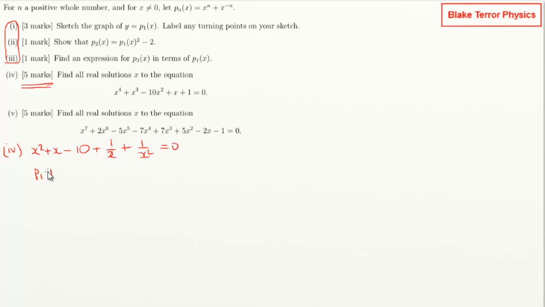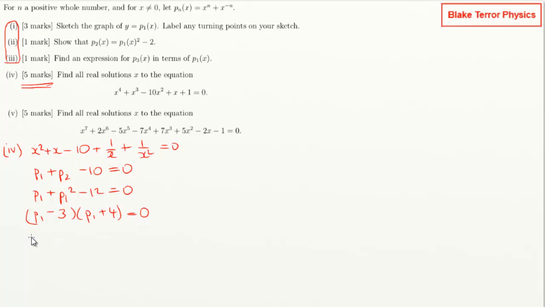So p1 plus p2 minus 10 is 0. And we've got that p2 is p1 squared minus 2. So we've got p1 plus p1 squared minus 12 is equal to 0. So p1 minus 3 and p1 plus 4 is equal to 0.